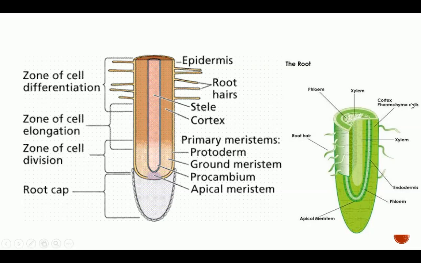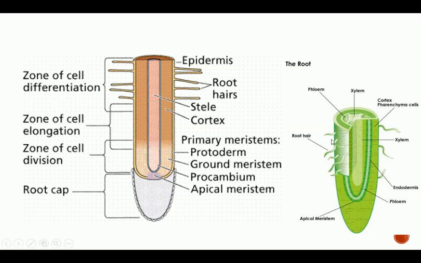We have the cortex, which comprises of parenchymatous cells and sclerenchyma and collenchyma in some cases. We have the endodermis, which we talked about, which divides the cortex from the other parts inside, which are the pericycle and then the vascular cambium.